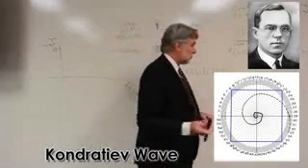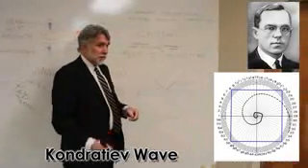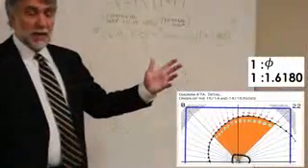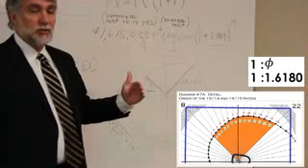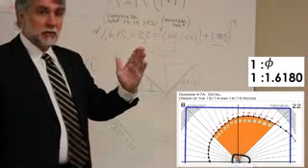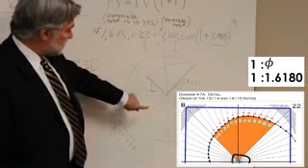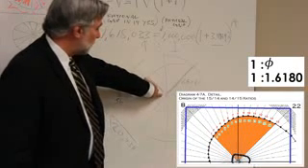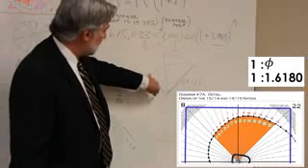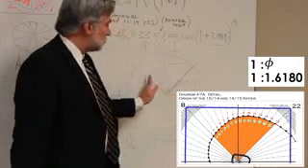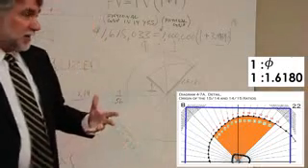In the Kondratiev wave video and the paper that was described recently, we've made the point that every 14 years, on average running from 1869 to the present time, we would see a 1 to 1.6180 increase. That is to say that if you have a GNP of one date, say 1870, by the time it returned to 1888, you should have a ratio of 1 to 1.6180 on average.